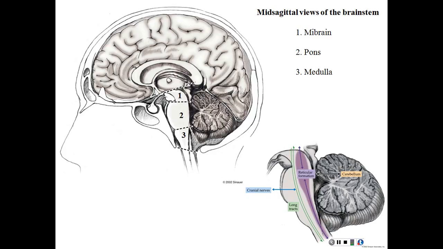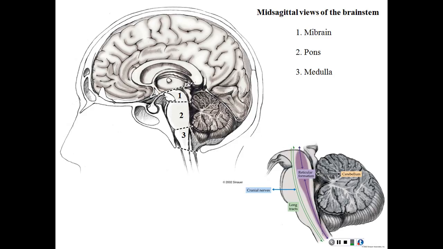Motor information is in the cortex, heading to the spinal cord to affect those lower motor neurons. So those are our 3 long tracts. And then we have this connection between the brainstem and the cerebellum. And finally, we have this structure called the reticular formation. So in a way, we've done a few things already.